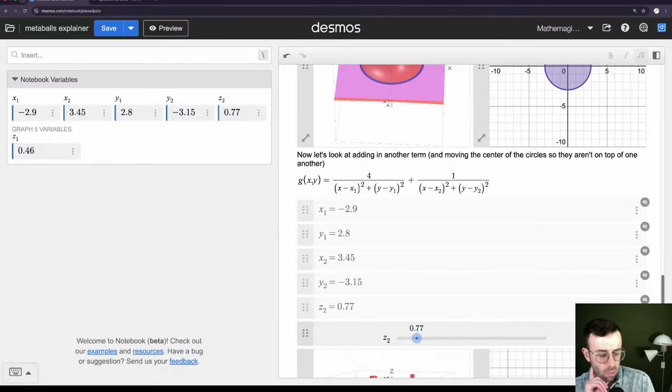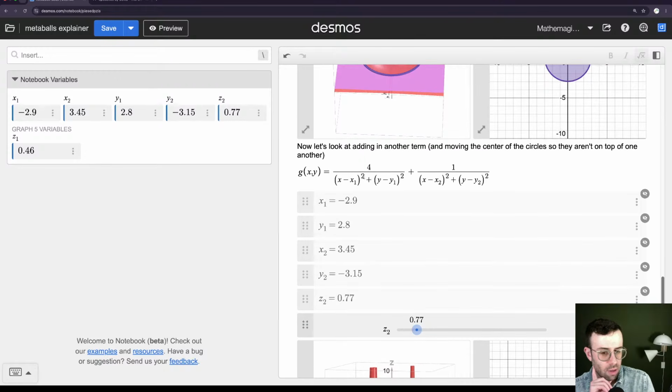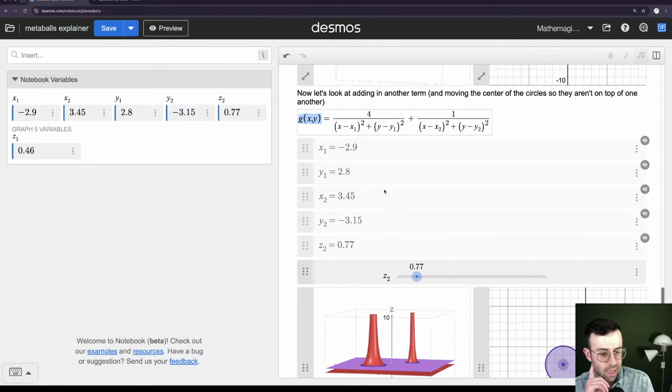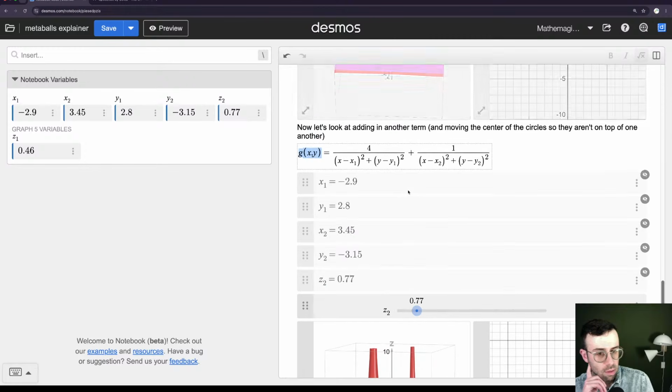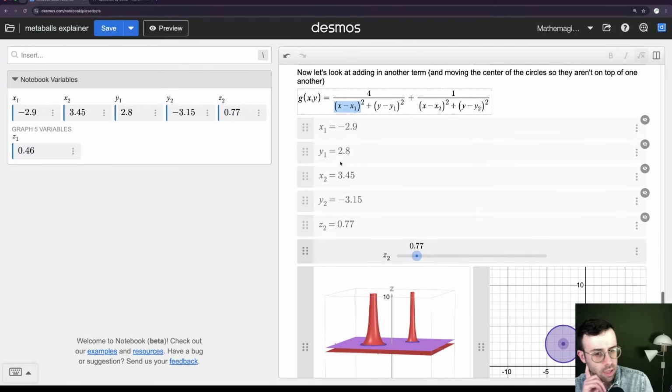As x and y approach these centers, x1, y1, and x2, y2, that's where g of xy will approach infinity. So if xy is at like -2, 2, is this x1 or x2?